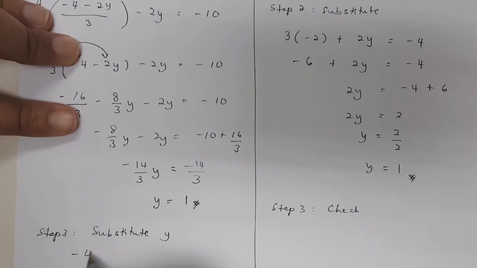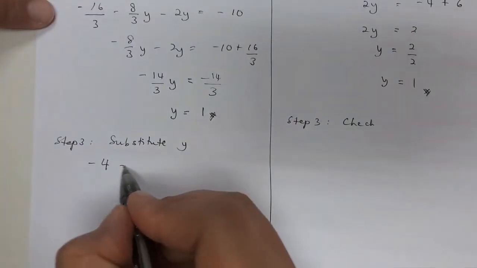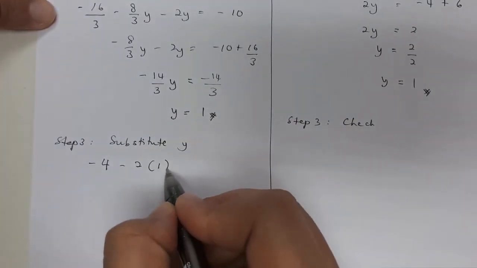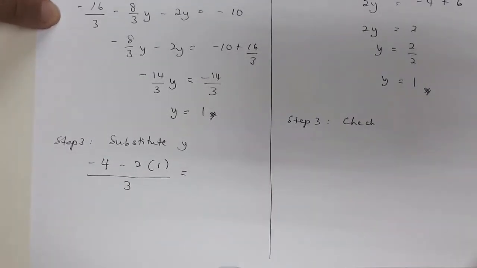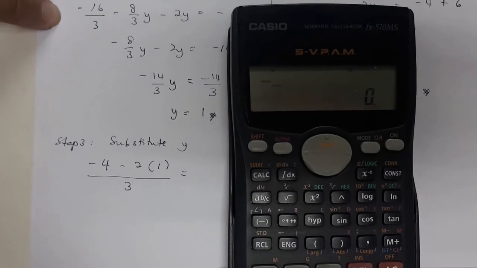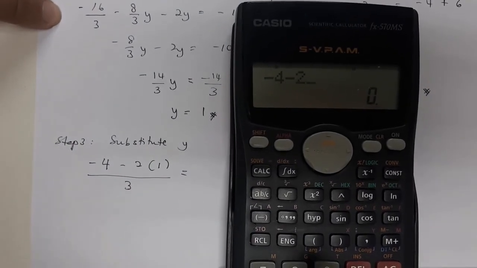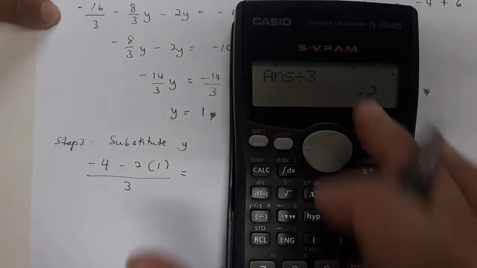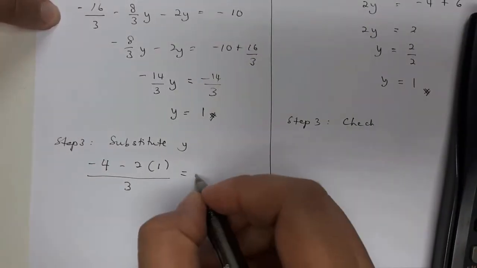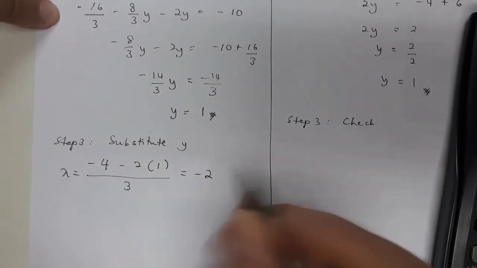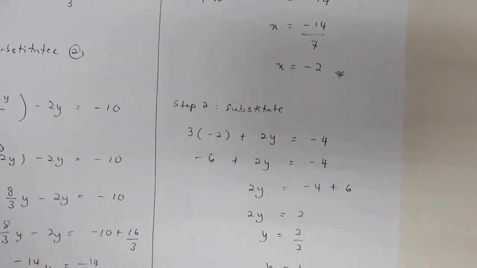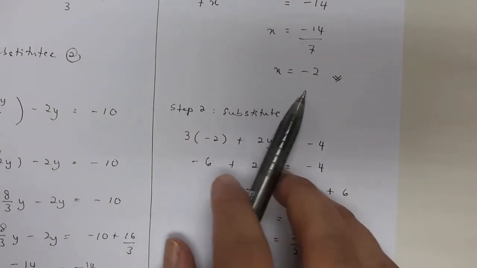So negative 4 minus 2y, substitute y by 1, equal negative 4 minus 2 multiplied by 1, divided by 3. The answer is negative 2. So we get x equal negative 2, which is the same answer as when we use the elimination method.